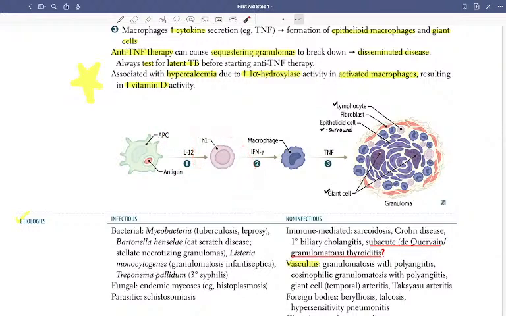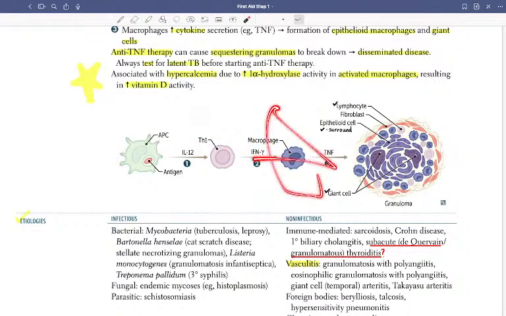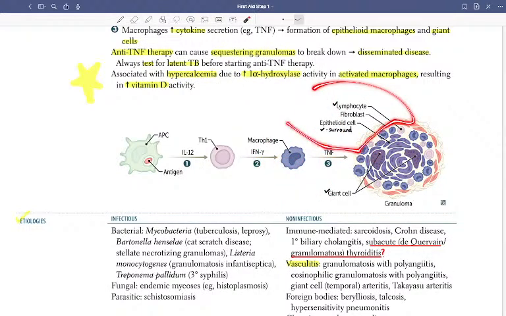Then interferon gamma is secreted, macrophage activation secretes TNF alpha. We have to take care of TNF alpha, and this is going to be lymphocytes, fibroblasts and all the surrounding cells. Granuloma structure is important.